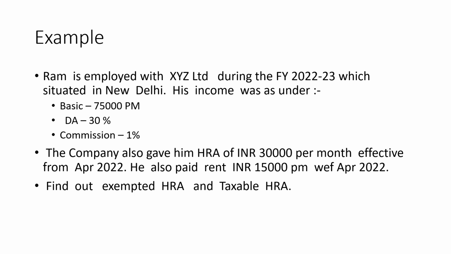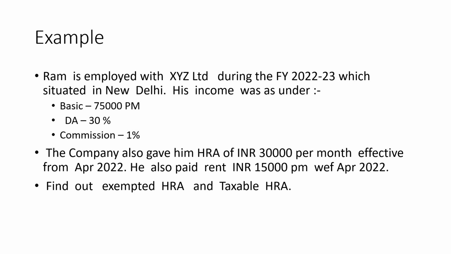Ram is employed with XYZ Limited during financial year 22-23, which is situated in New Delhi. His income was as under: basic 75,000 per month, DA 30% and commission 1%. The company also gave him HRA of Indian rupees 30,000 per month effective from April 2022.